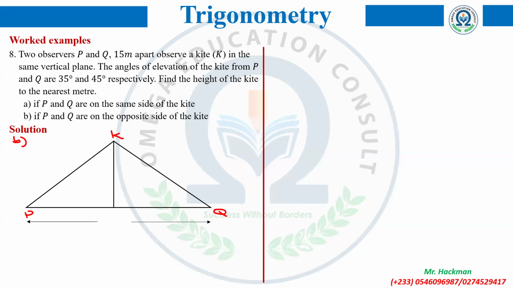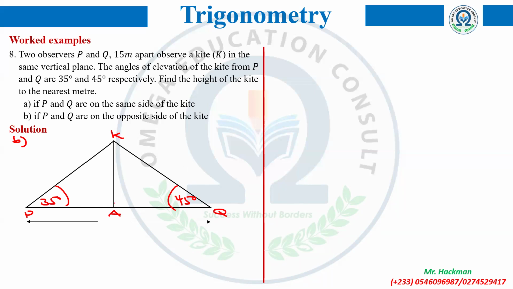So K is here. From P, to sight K, you need to move a certain angle, and we are told it is 35 degrees. From Q, to sight K, you move a certain angle, and that is 45 degrees. Now there is one vector here which is not labeled, so let's call this A. The question is asking us to find the height of the kite.